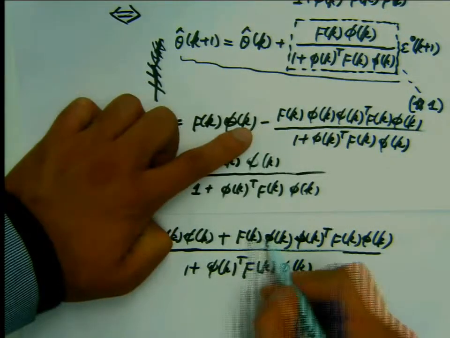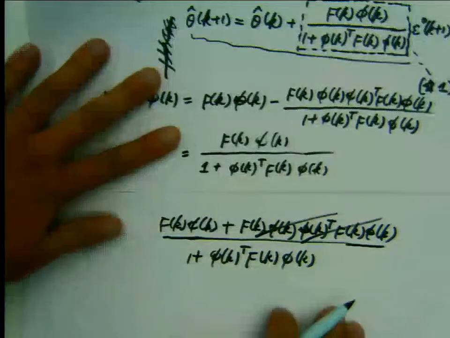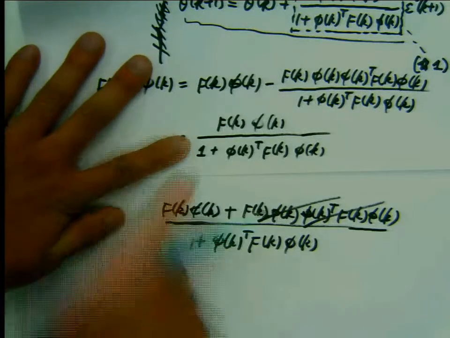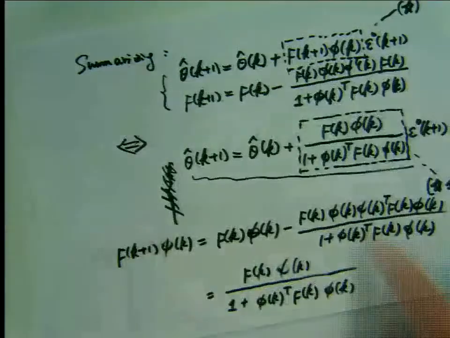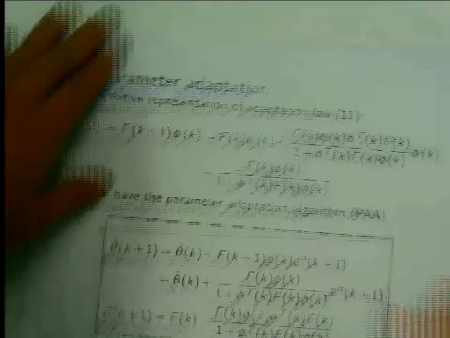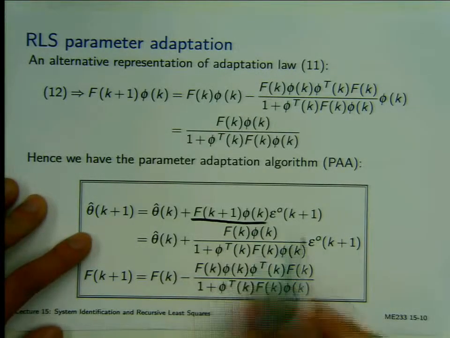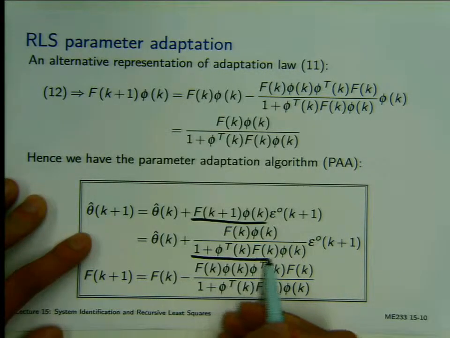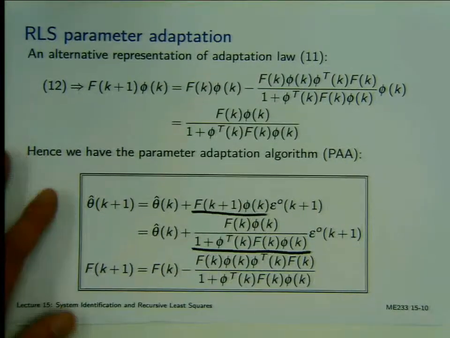You see, this term is canceled out. All right? So the remaining part is only this. Okay? So we have thus shown that the original expression can be written in this form as follows. Okay?